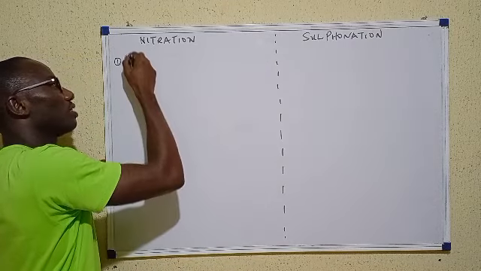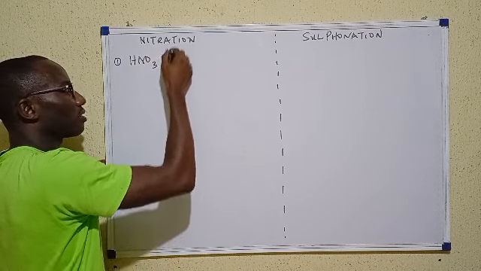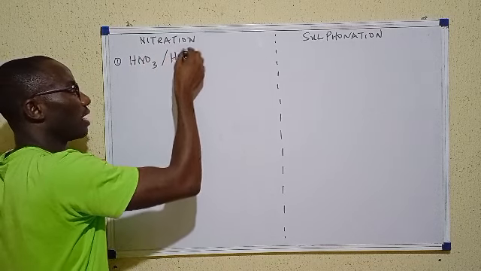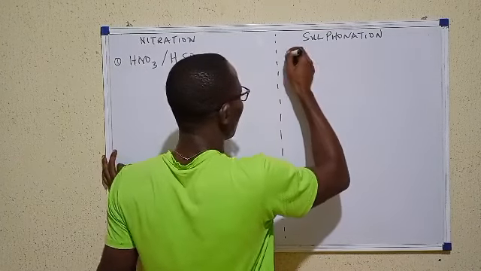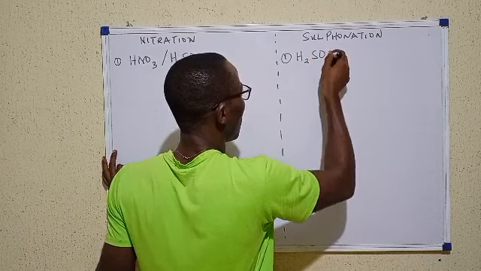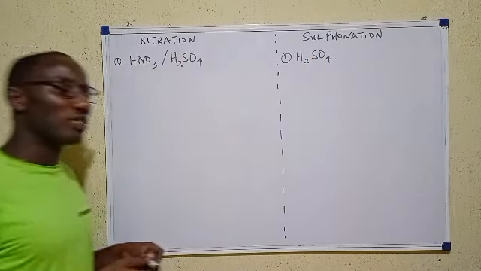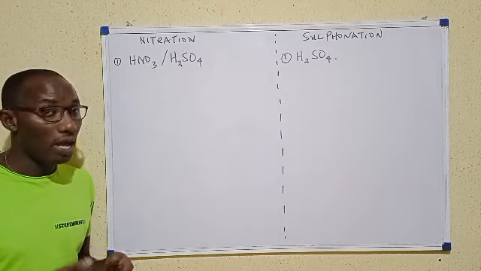Typically, the reagent is HNO3 in the presence of H2SO4. Whereas for sulfonation, your reagent is just H2SO4. So we're already saying something they share in common, which is H2SO4.